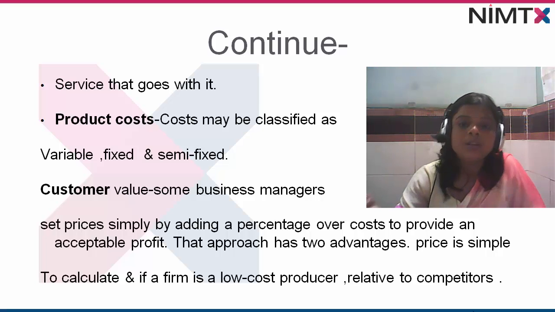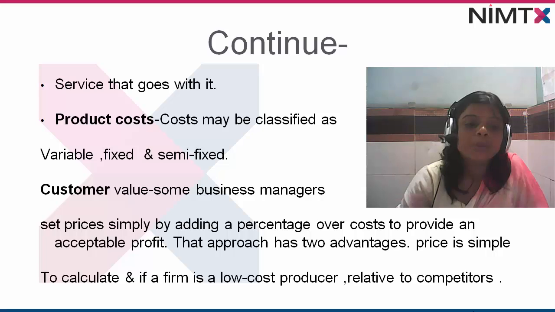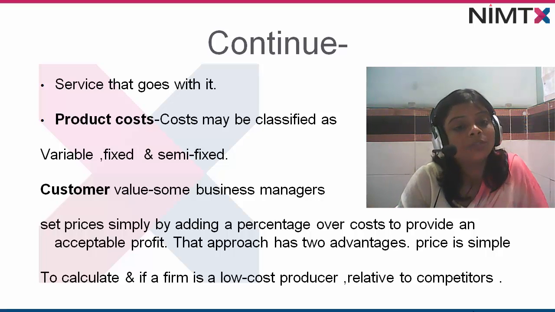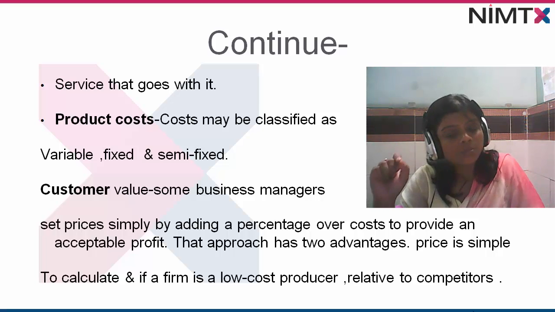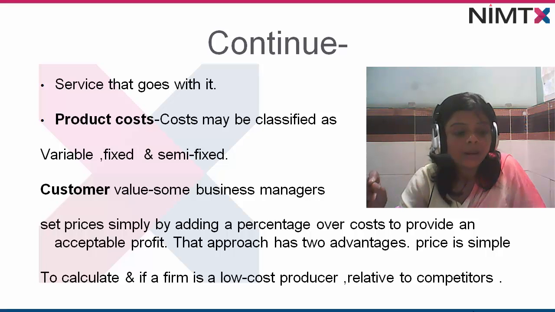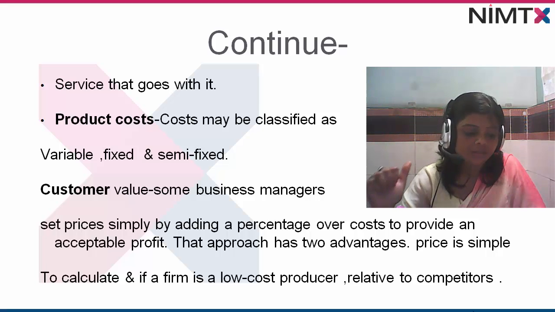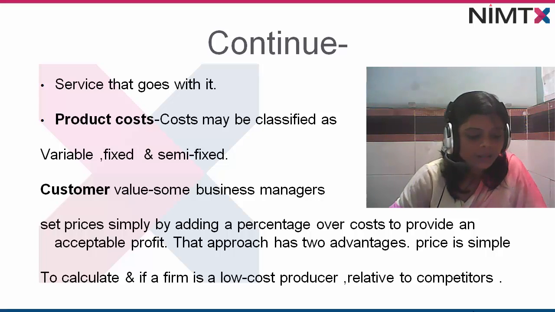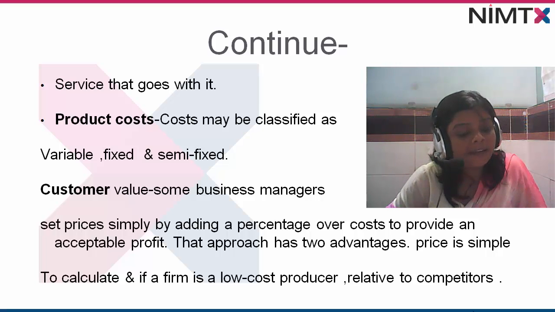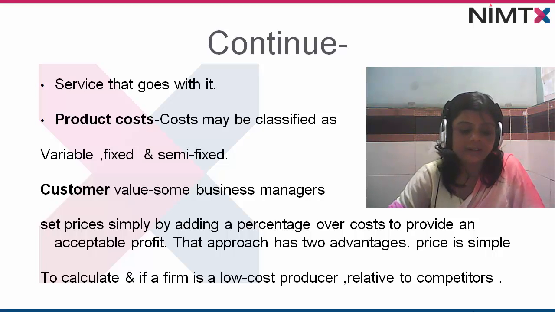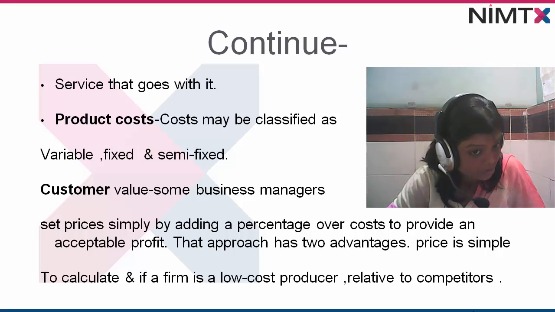As I have told you, after studying this topic you will be able to define the cost of a product. So cost may be classified as variable, fixed and semi-fixed. And take the case of an airline. It may consider the annual depreciation of an aircraft as a fixed cost.